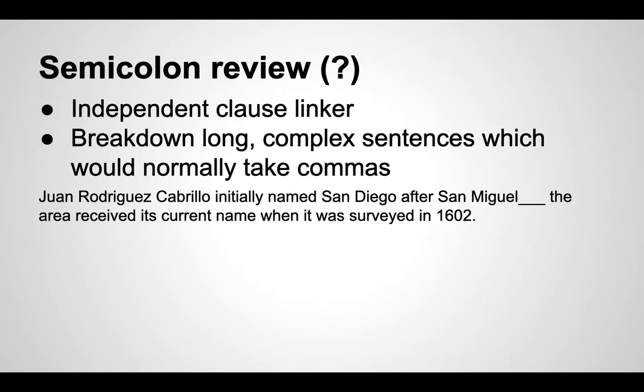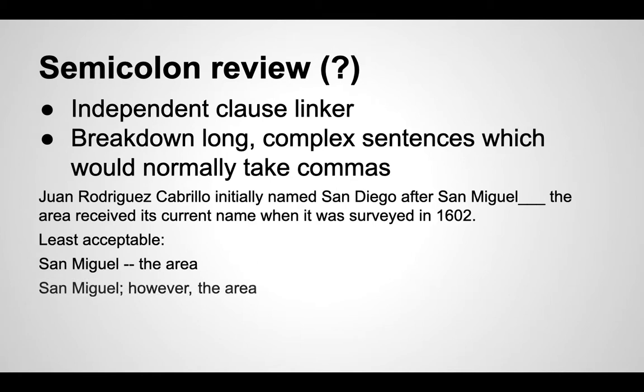So all of those things work together, but a semicolon would link those two sentences together the most simply. Least acceptable would be a dash. You need to have a dash. So, however, comma, the area.